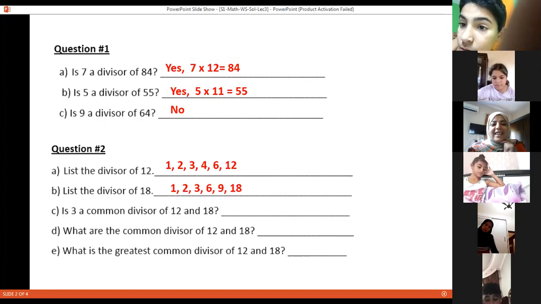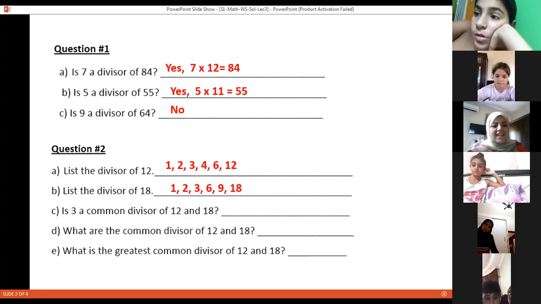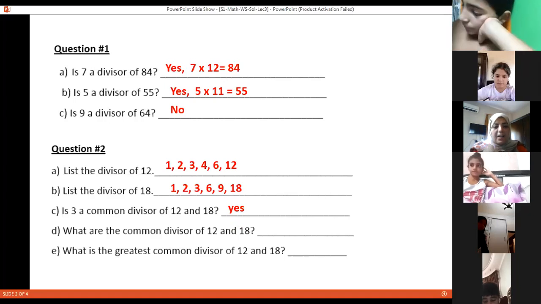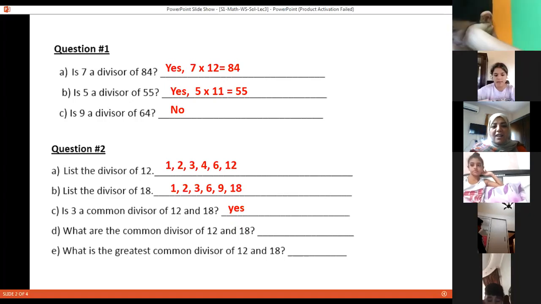Just do like this. Is 3 a divisor of 12 and 18? Okay, so 3 is a common divisor of 12 and 18. Malak, I can see you well, but I can't hear you very well. Anyway, let us continue now.